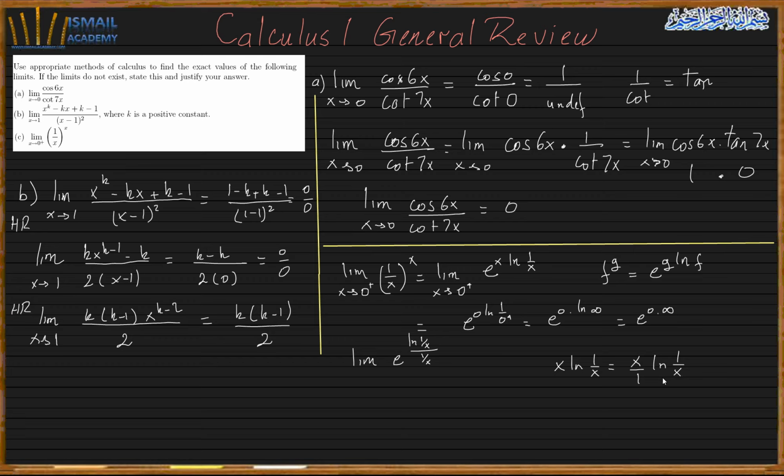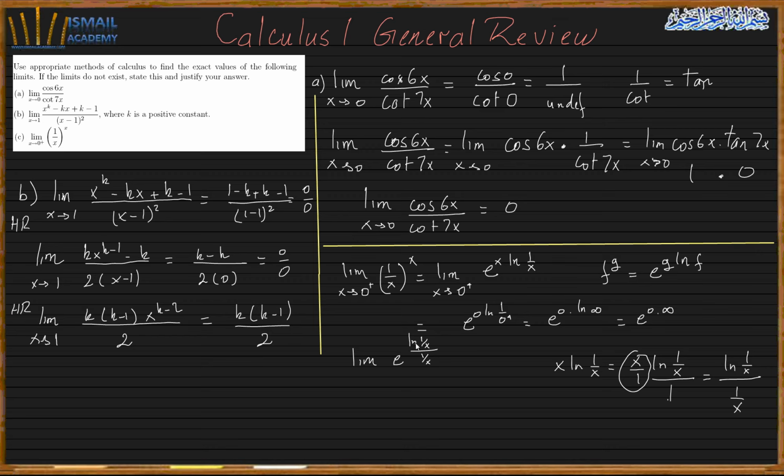The denominator of x is 1. I just move this one down, but in order to move it down I need to flip it. When we change the position of a number in the fraction, we flip that number. So I want to change it from the numerator to the denominator, so I flip it, and it's going to be ln of 1 over x over 1 over x. If I want to return it back, I flip the denominator, so it becomes x over 1, and we end up having this. So that's the idea behind it.